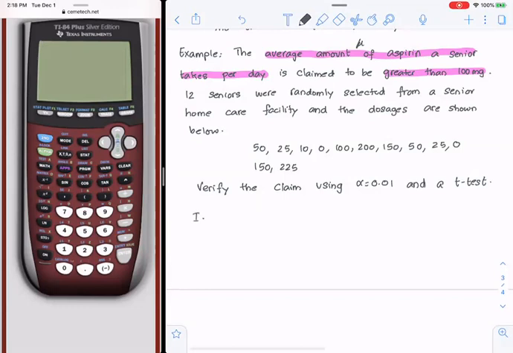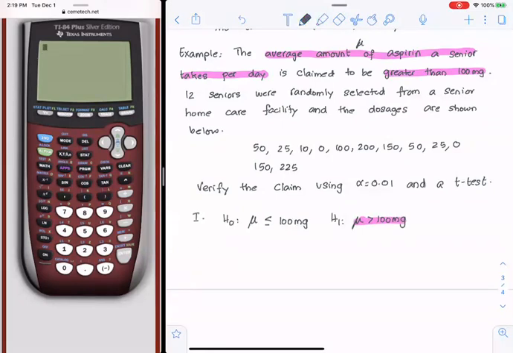So the null would be mu less than or equal to 100 milligrams. The alternative is mu greater than 100 milligrams. So whatever you have here must match there. And keep in mind, the equal sign is always in the null hypothesis. You cannot put the equal sign in the alternative hypothesis.